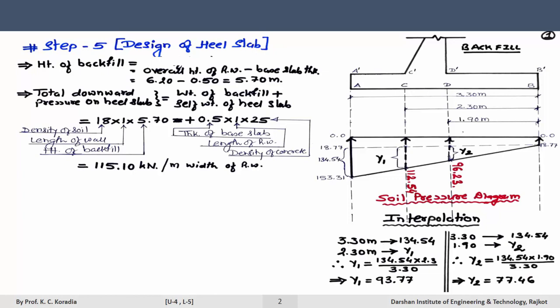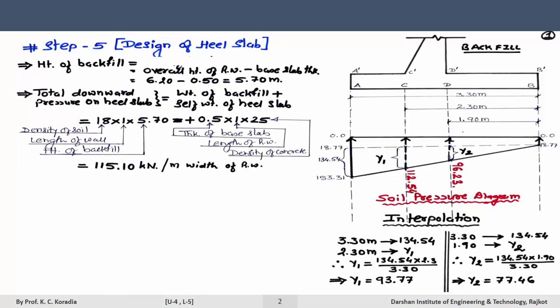The weight of backfill can be obtained by multiplying the density of soil by the length of retaining wall considered by the height of the backfill. Here, the soil density given is 18 kN per meter cube. We are considering 1 meter length of retaining wall, as assumed previously. The height of backfill is 5.70 as obtained above.